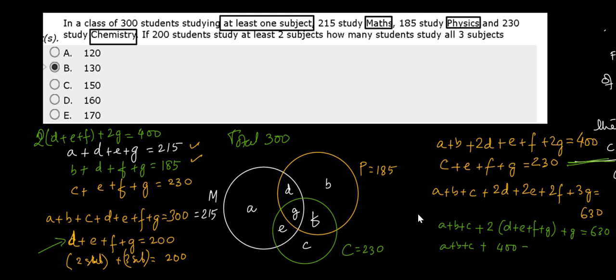Plus G is equal to 630. So A plus B plus C plus G is 230. Now I have to find A plus B plus C to find G, right? So what should I do?